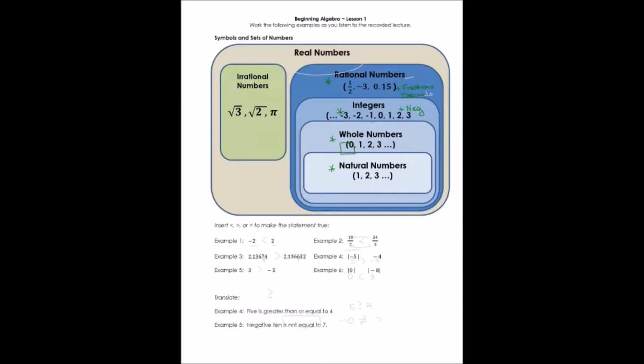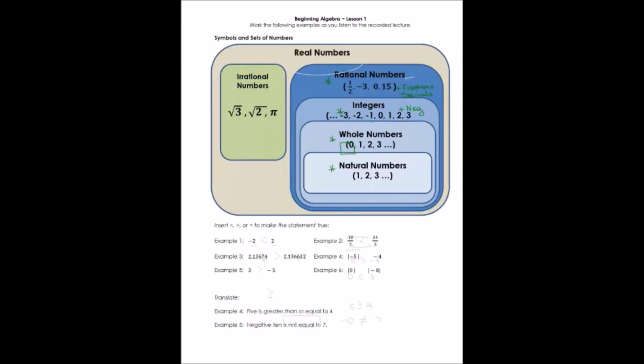So numbers that are not complete, that are parts of numbers that represent partial quantities, fractions and decimals get added for rational numbers. Anything that would be included in this list would be a rational number. In other words, integers would be included in rational numbers, whole numbers would be, and natural numbers would be also.